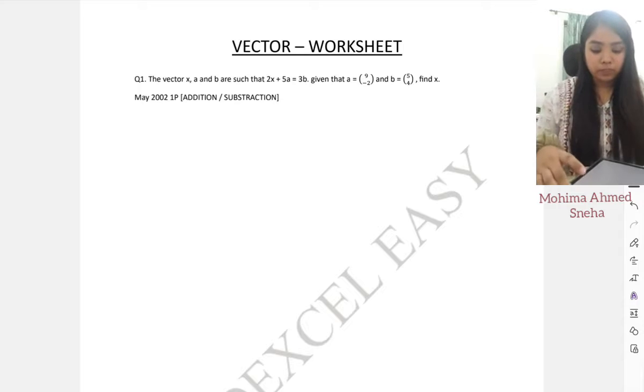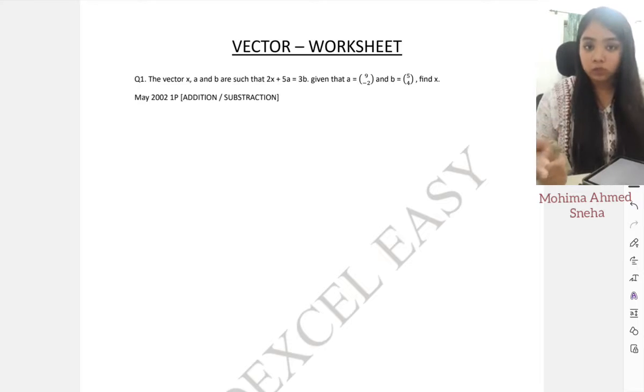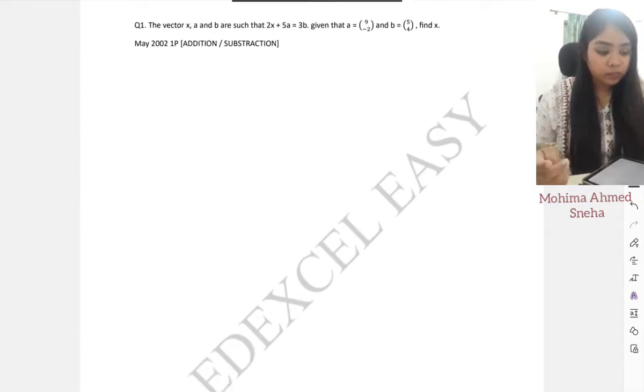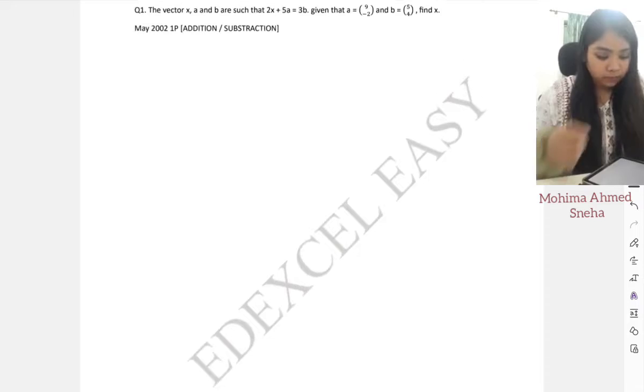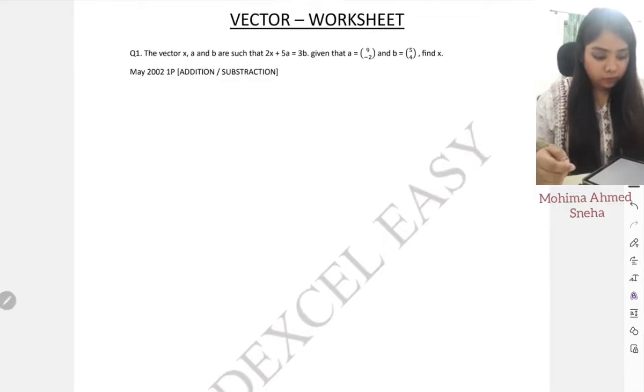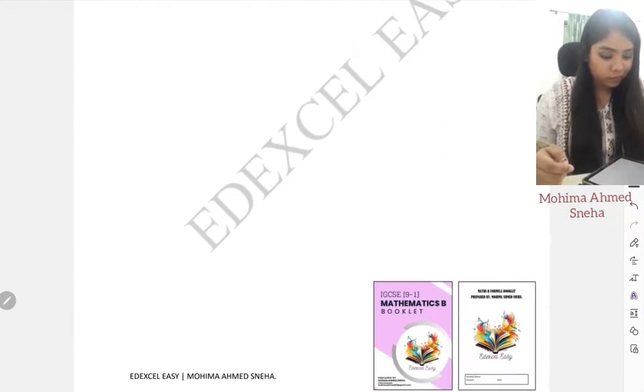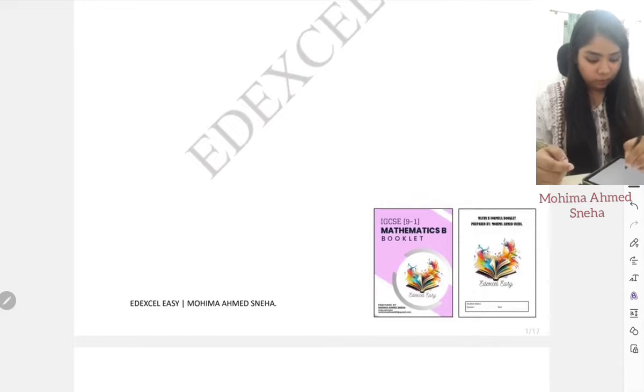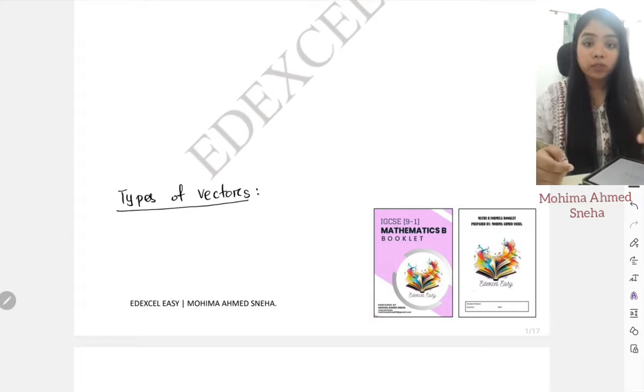Okay, so let's start. Let's first see the types of vector questions that might come across in your exam paper. There are 6 types, as I've stated. I'll write the types over here. I'll tell what type each question is before I start explaining it. First one is a very simple addition vector.